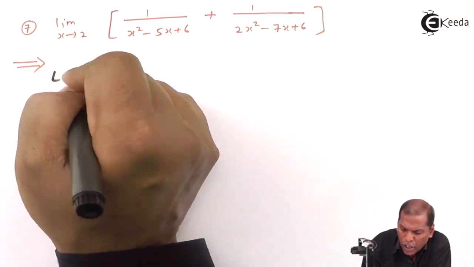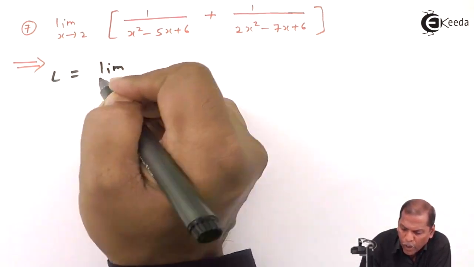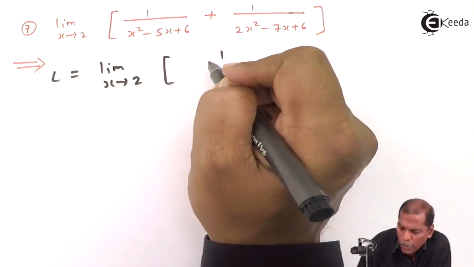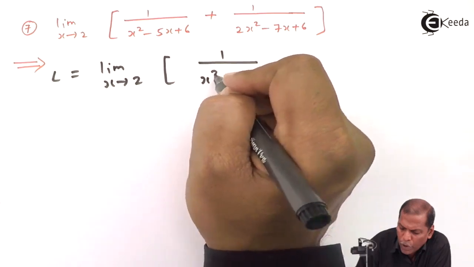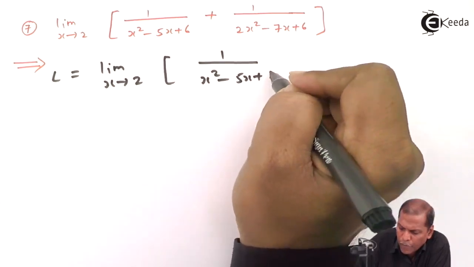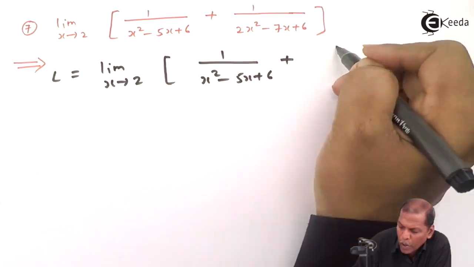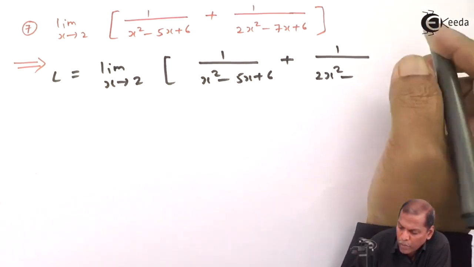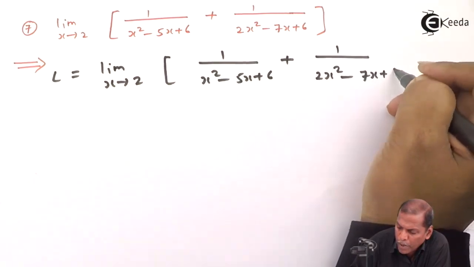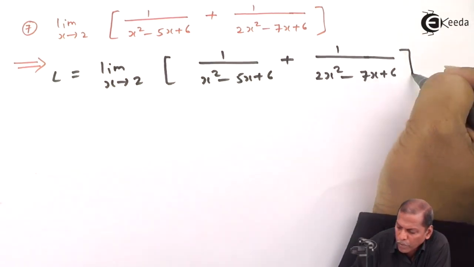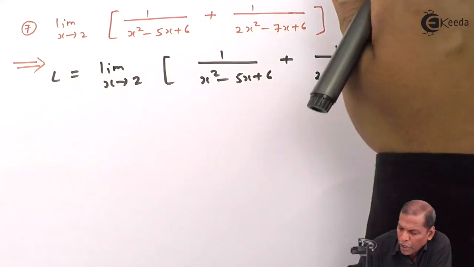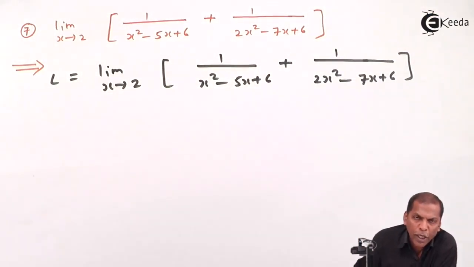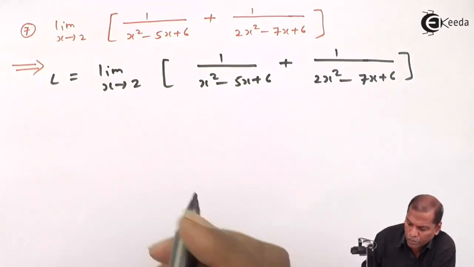First of all, L, that is the limit, is equal to the limit as x tends to 2 of [1/(x² − 5x + 6) + 1/(2x² − 7x + 6)]. Now here we have to factorize the quadratic expressions present in the denominator.